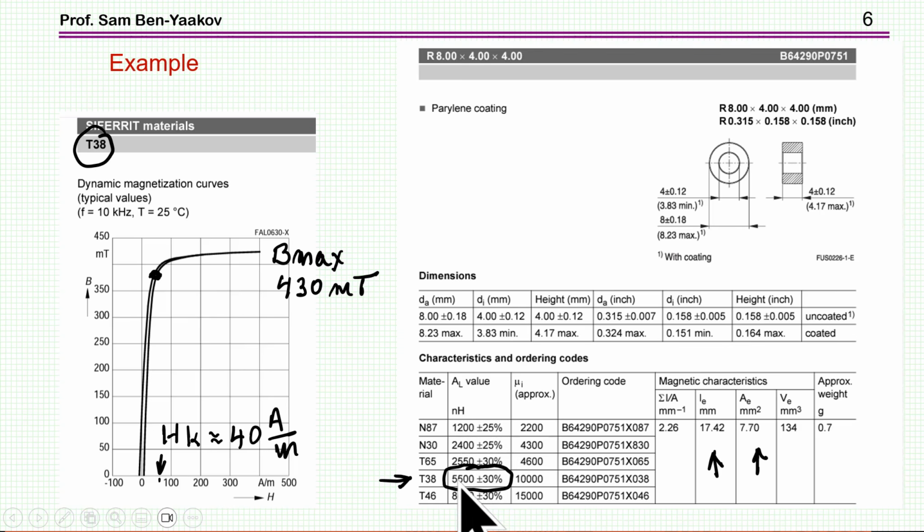And then it has this LE, the magnetic path length, and AE, the magnetic cross-section area. Now for HK, that is the point where the tangent hyperbolic function is 1, we have here 40 amps per meter for about 0.76 of the B max. So this is another value that we can get from this curve, as well as B max to be 430 millitesla. So we have everything.